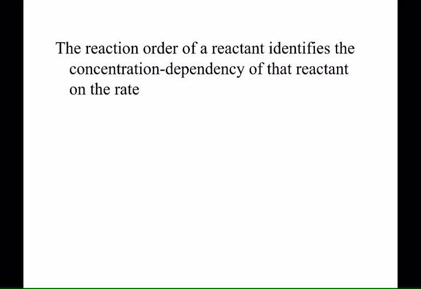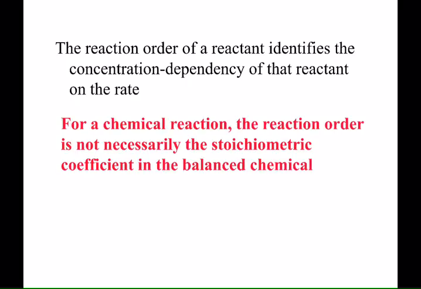All right, reaction orders. Reaction order is associated with a particular reactant. So we have a reaction order of A, and a reaction order of B. I've called them variable M and variable N, but it could be anything. What this does is say how the rate is affected by the molar concentration of that particular reactant.